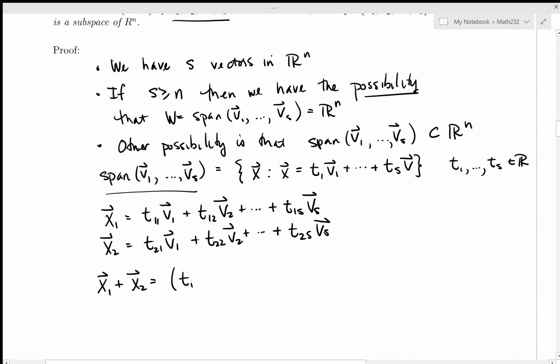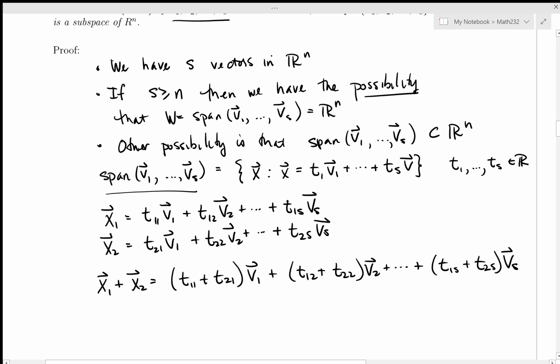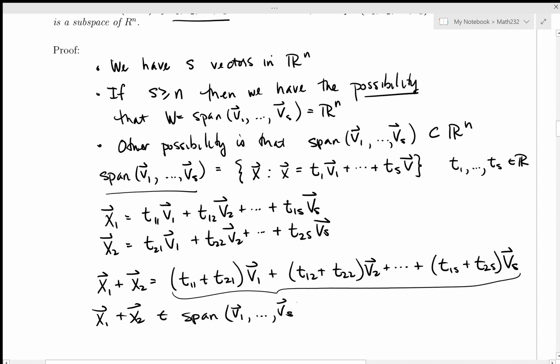I get (T11 plus T21) V1 plus (T12 plus T22) V2, etc. And I go all the way along, and then I have here (T1s plus T2s) times Vs. And I look at that, and I see that x1 plus x2 is a linear combination of V1 through Vs, because this right here is a linear combination of V1 through Vs. So that means that x1 plus x2 is in the span of V1 to Vs.